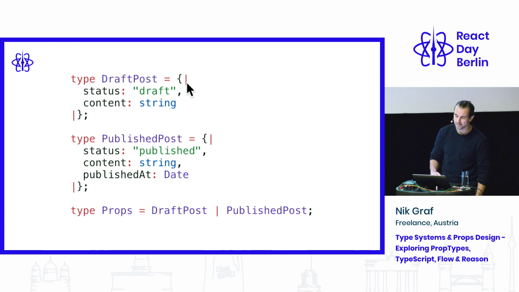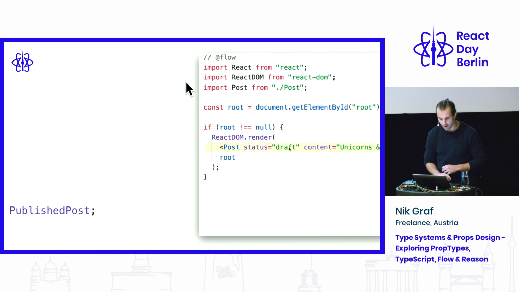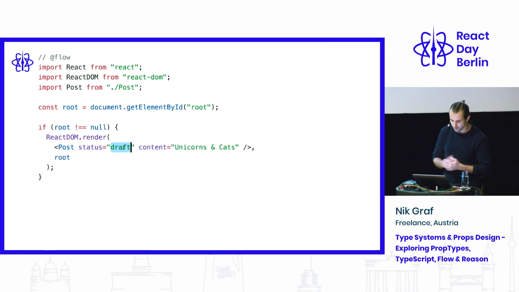So Flow has something. Well, I'm not exactly sure. It's exact objects or so. What? Sealed objects. Perfect. So you can basically say this must be exactly this structure. You basically add these pipe characters, and let's look at the experience.